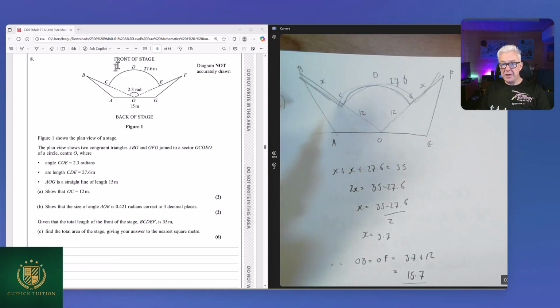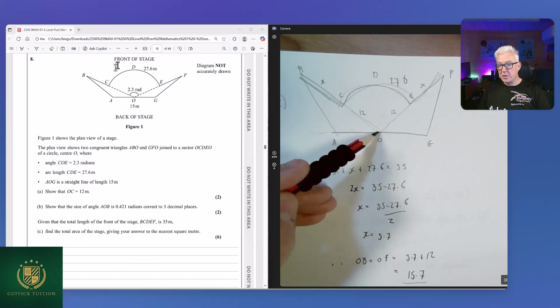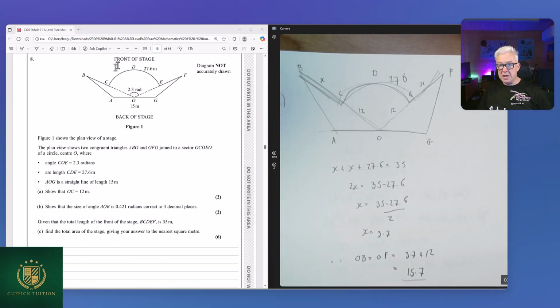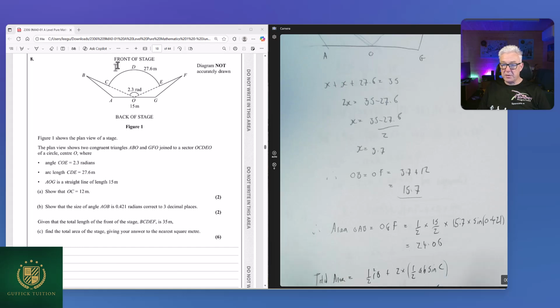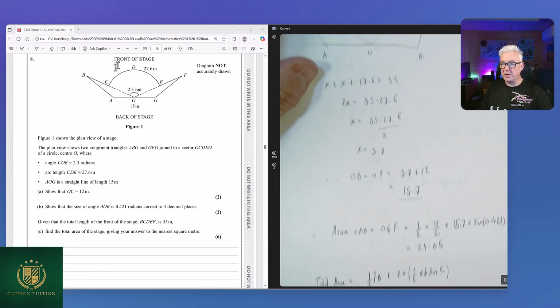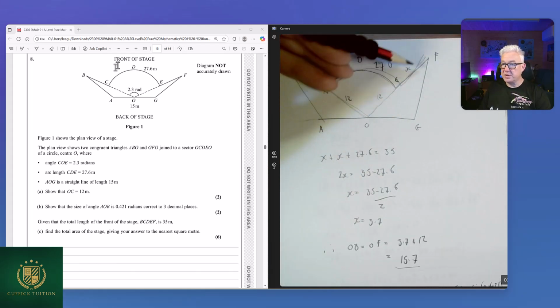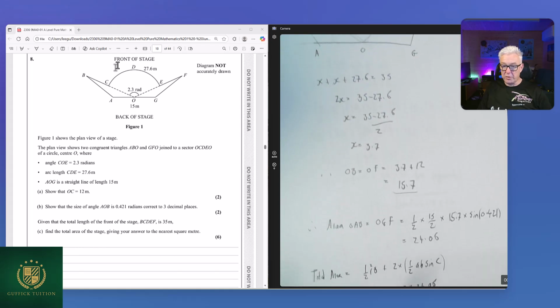Now, if this length here is 3.7, remember this is 12, so it means that O to B is going to be 12 add 3.7. So O to B is going to be 15.7. And that's going to be the same for O to F, because those two triangles are congruent.